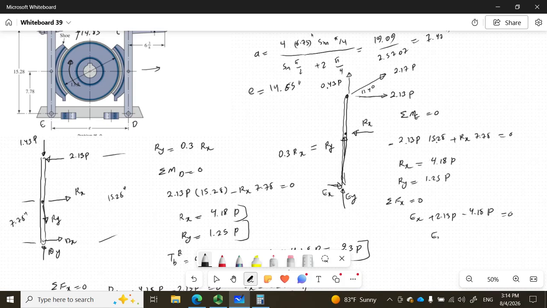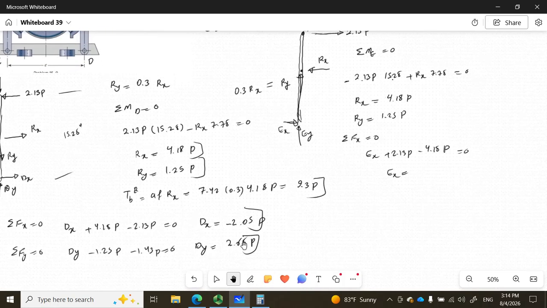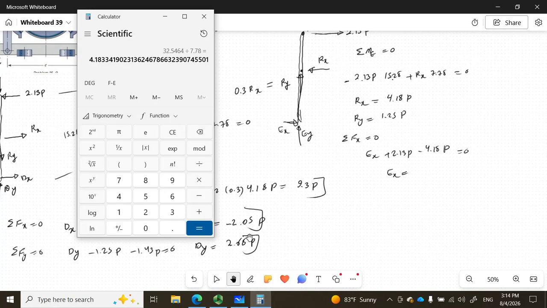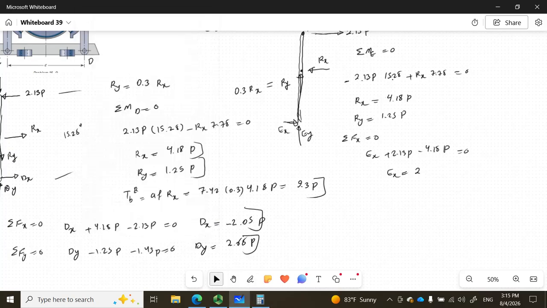So Ex equals 4.18 minus 2.13, 2.05. Okay, 2.05 times P.